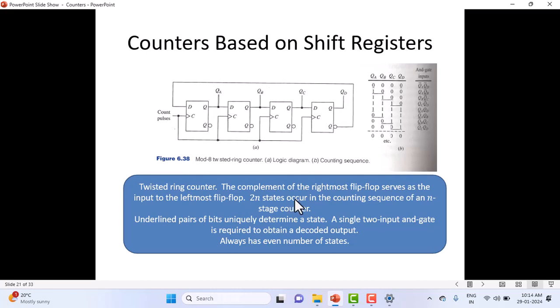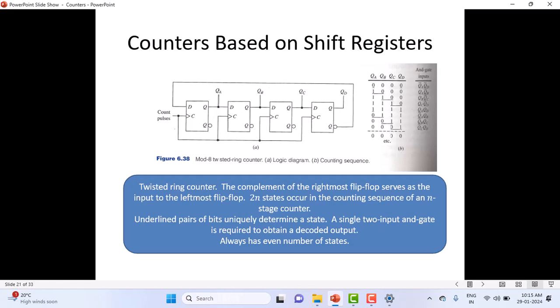Just go through the states here. The first state will be all zeros. You can see QA has changed to 1, because the complement of the last output goes to the first input. Now the second state is 1, 0, 0, 0.